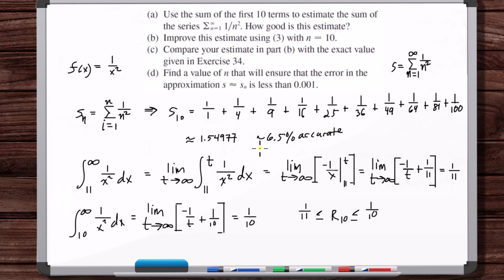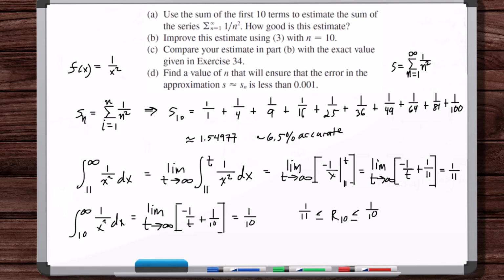Now you might be saying, well, that doesn't seem too accurate. We just did 10 terms here. Think about with a computer, you could do 5,000 or you could do 5 million. You get really accurate. Okay, now it says improve this estimate using part 3 with n equal to 10. What they're talking about is that you could do this with any estimate, it's not like you could only do this with the integral test.